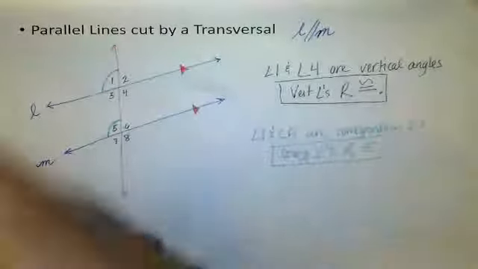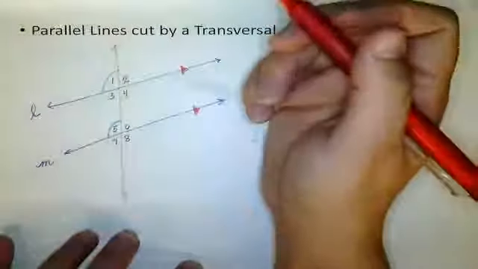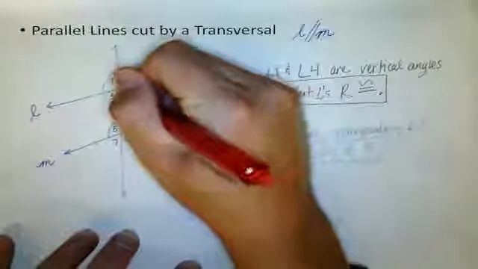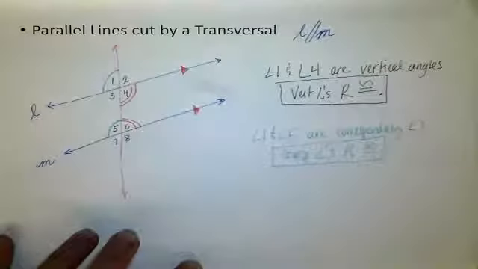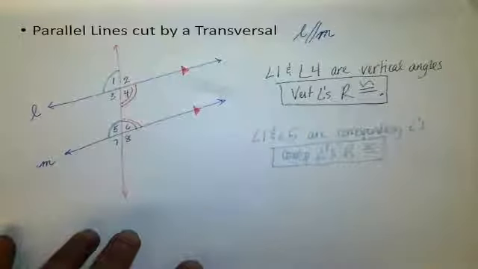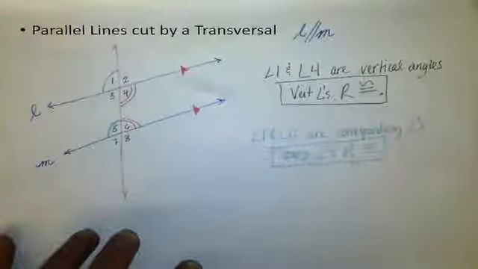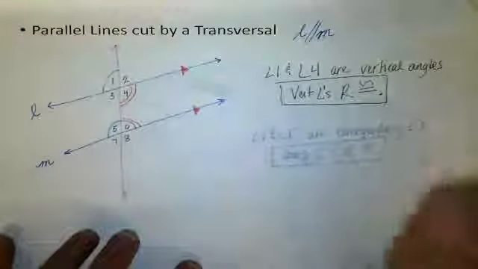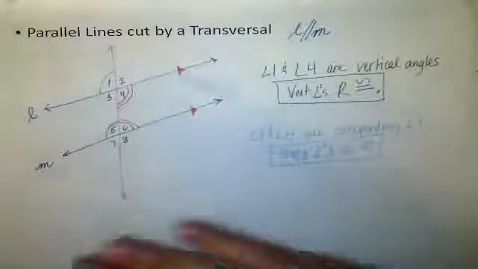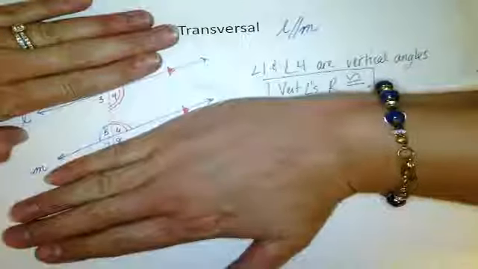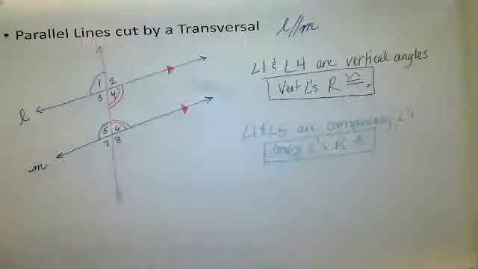All right, what would you call angle 4 and angle 6? I know what you mean. What's their name? You're close. Are they interior or exterior? Interior. Why are they interior? Inside the parallel lines, so interior. I'm hearing alternate interior. Are they alternating? No. So there's a couple of names.